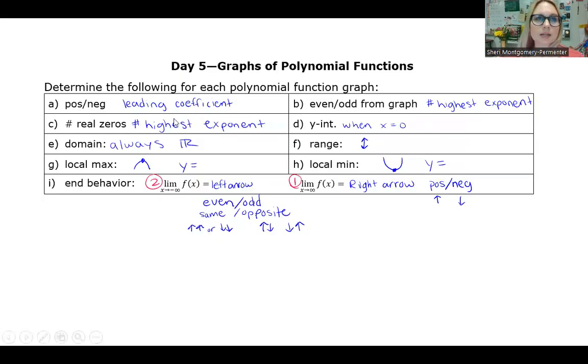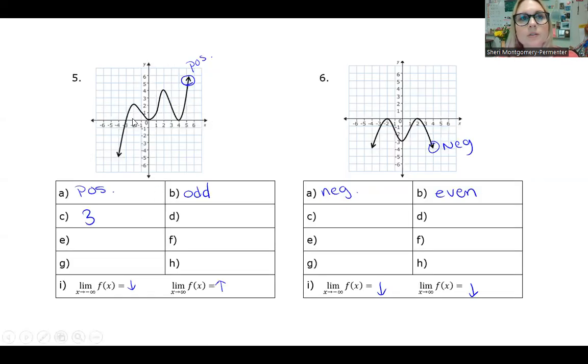This is the number of highest exponent. It's also the x-intercepts. That's what you're checking for when you have a graph. So this one, 1, 2, 3. What about this one? 2. It's just how many times that you touch or cross the x-axis. So this is the x-axis, and I touch or cross 1, 2, 3.